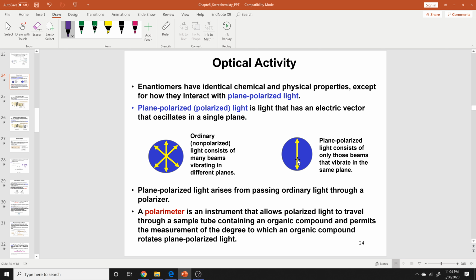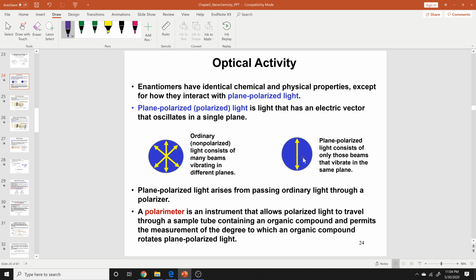Those plane polarized lights are the ones that are going to travel through the sample tube and be rotated by a certain angle if your compound is chiral. And if your compound is not chiral, they're just going to exit the sample tube without any rotation.